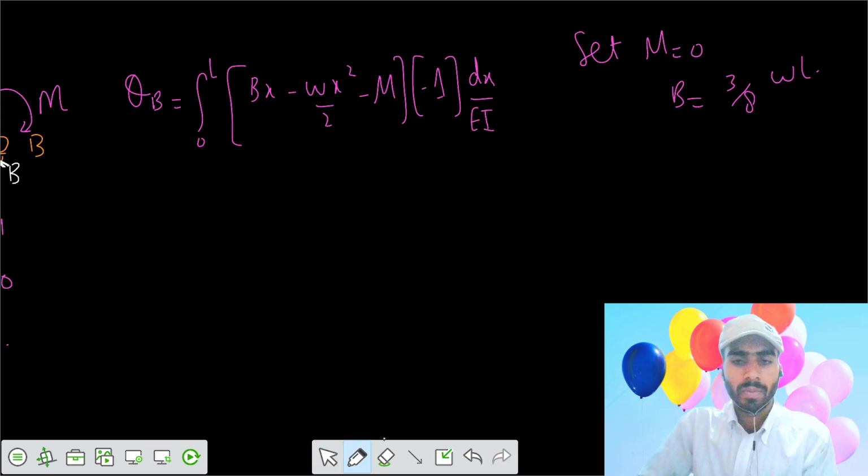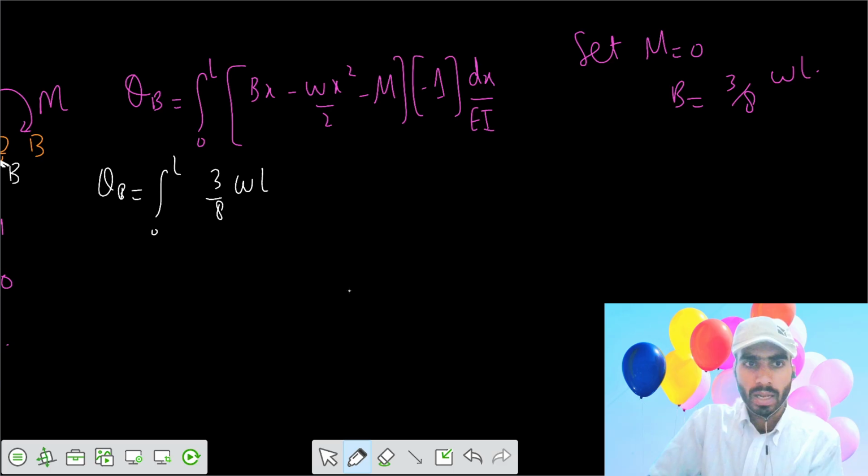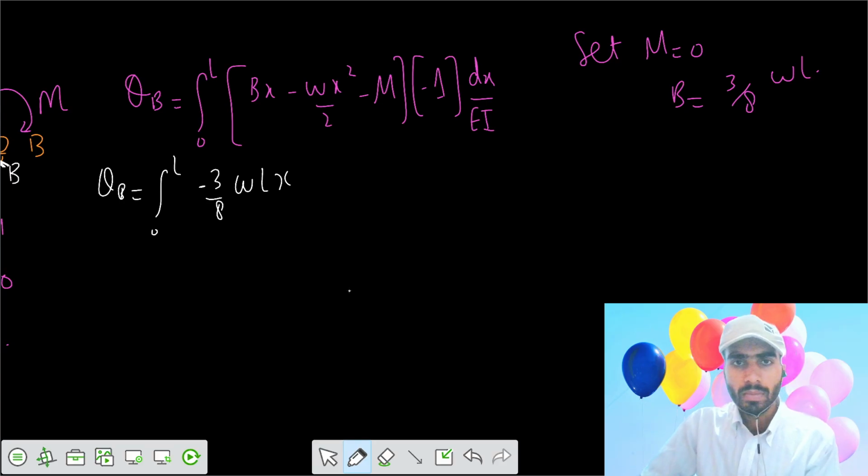When you substitute these values, you get theta B equals the integral from 0 to L of 3 by 8 of w into L and x, multiplied by minus times x, so we write it as minus. Then similarly this one becomes positive wx square by 2, and this one is 0 because m is 0.